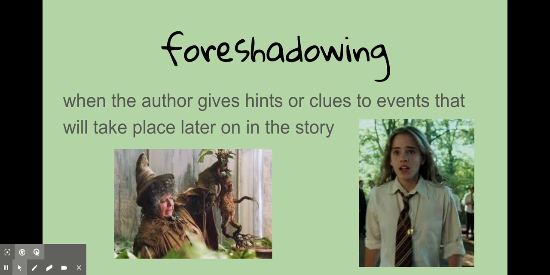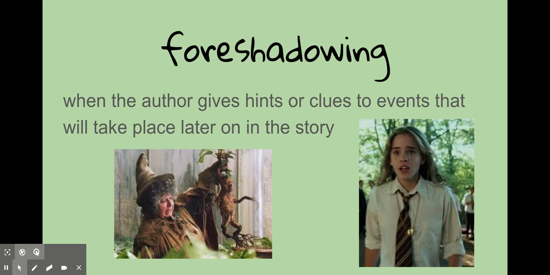So I put a couple examples here from Harry Potter. We've got Madame Pomfrey and the Mandrake. She's the herbology teacher, and she's teaching them how to plant mandrakes. And the mandrake is used in magic to cancel or reverse transfiguration curses, so people who have been cursed to look a different way or turn into an animal or take on a different form.